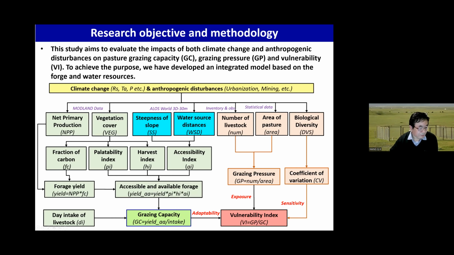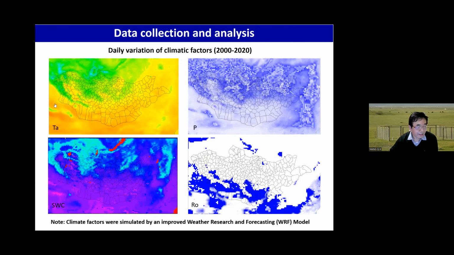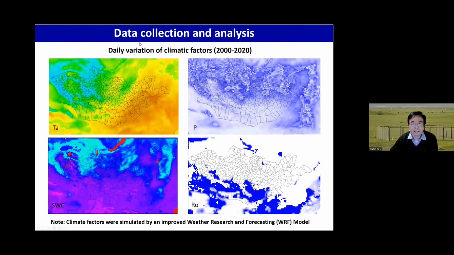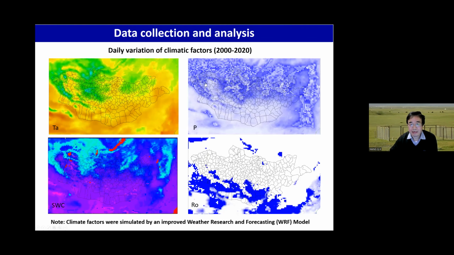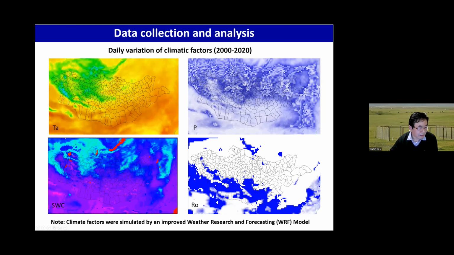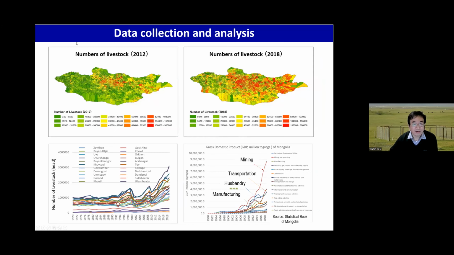We use this model with a lot of data sets to simulate, including the daily variation of many climate factors and hydrologic factors. We also have the data of the livestock every year for each demonstration region.